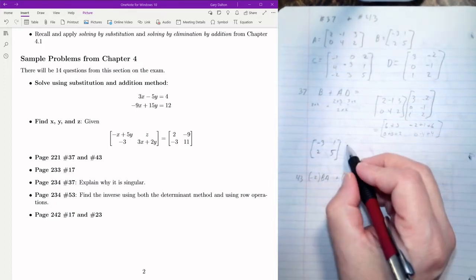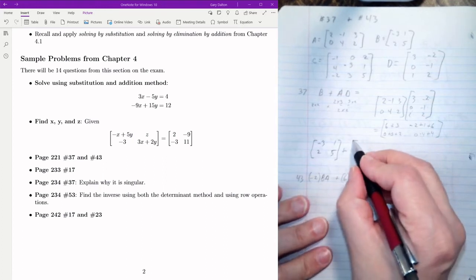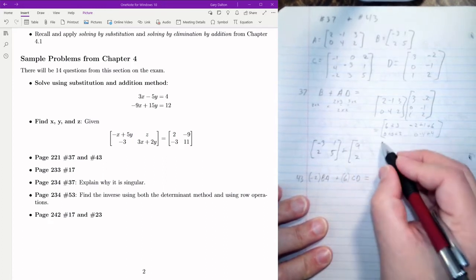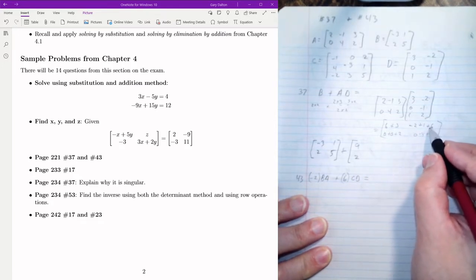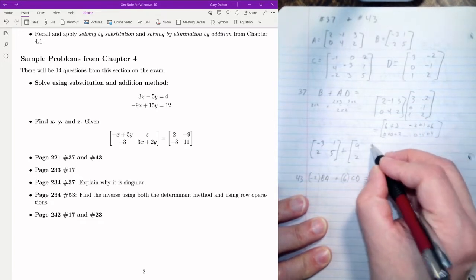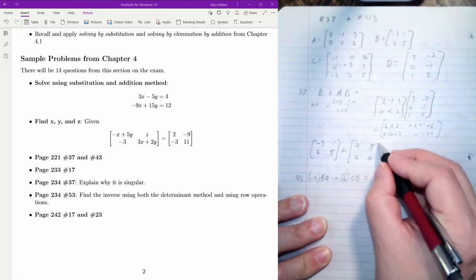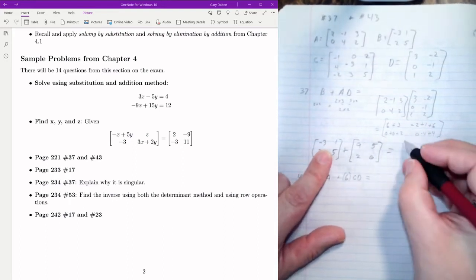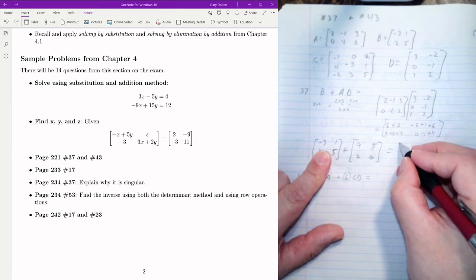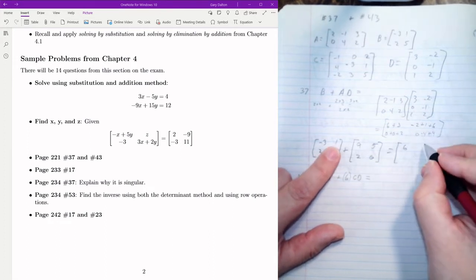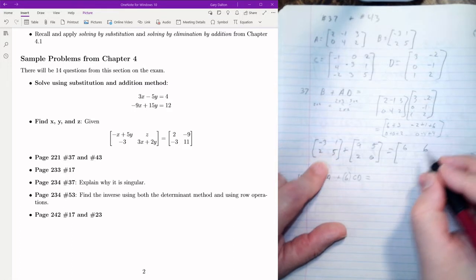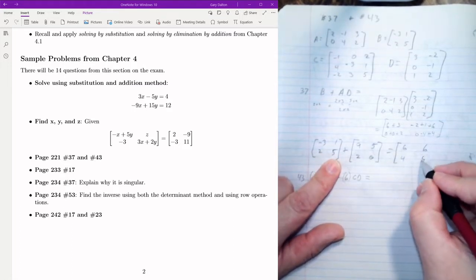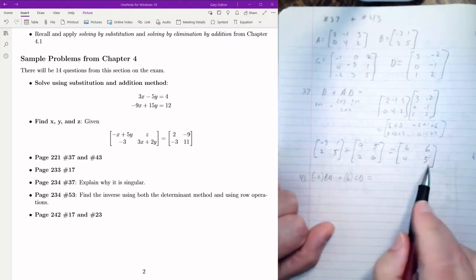And then plus 9, 2, 7 minus 2 would be 5, and this is a 0 here. Adding these directly together, we have 6, 6, 2 plus 2 is 4, 5 plus 0 is 5. So this is our result.